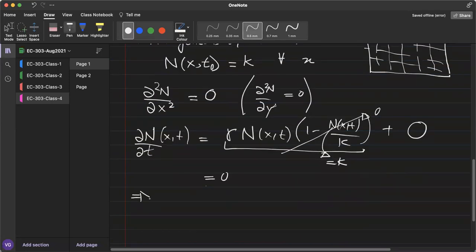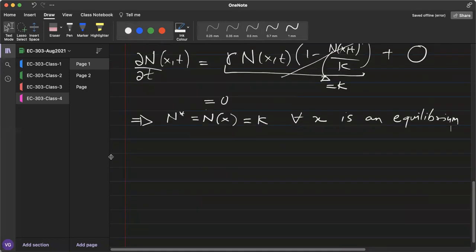So this implies that if we take the mean field equilibrium and consider the homogeneous version of it, that is indeed an equilibrium, right? So N star equal to N(x), which is equal to K for all x, is an equilibrium in the spatial model. Of course, we can generalize this.